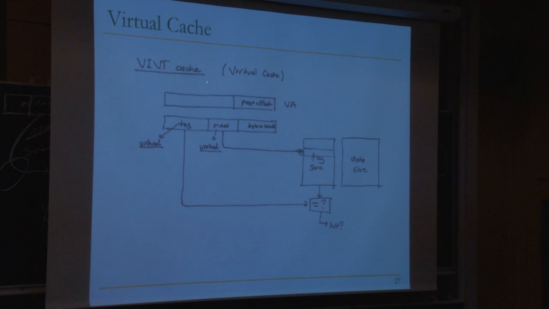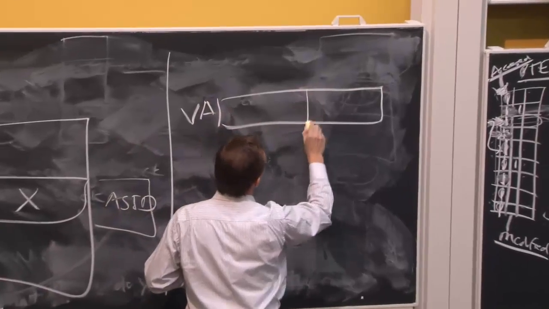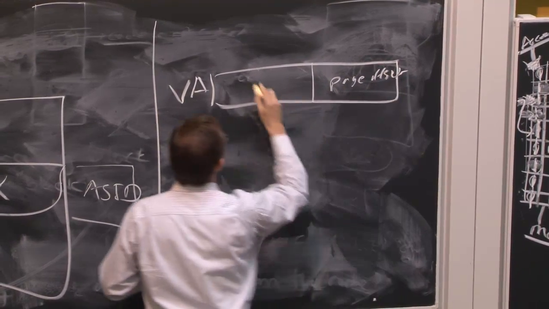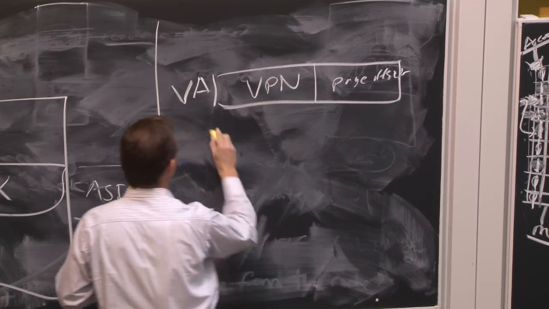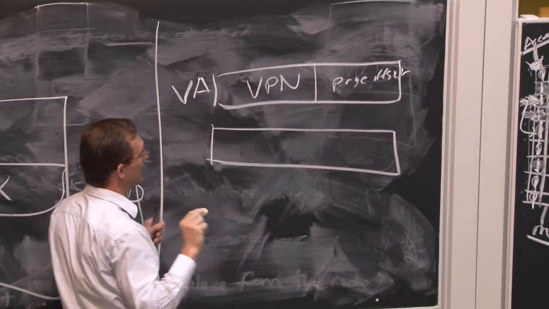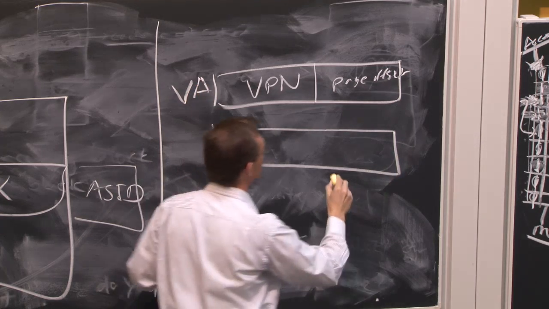Virtually indexed, virtually tagged cache, this is a completely virtual cache. Now, if you look at this, you can view your address in two different ways. This is your virtual address, and you have a page offset and a virtual page number. And if you're using the same virtual address to access your cache, you do the translation much later.